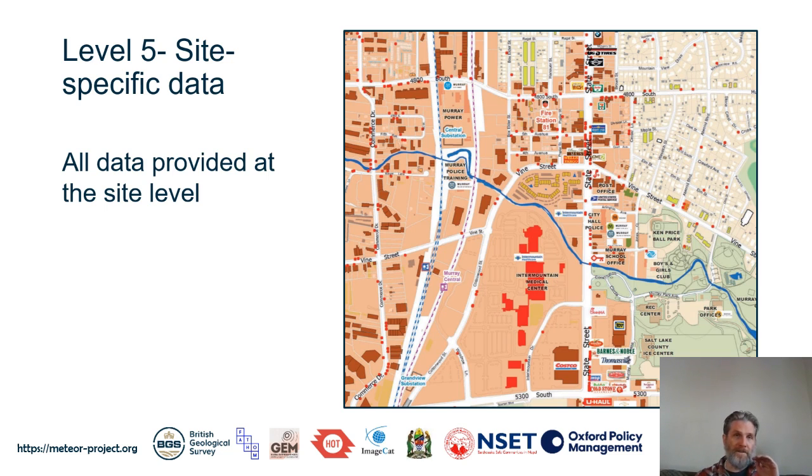But it does not communicate the accuracy. We're going to get into that a little bit more later. You can have a level 5 data set that is less accurate than a level 1 data set for a specific purpose. So I'll be talking a little bit more about that later.